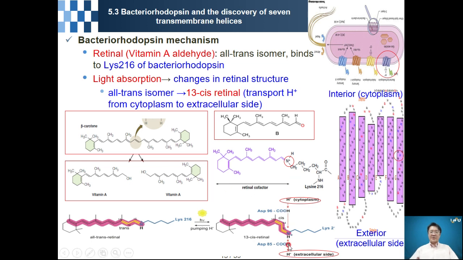The important thing is that after they receive the light, they can transport protons from the cytoplasm to the extracellular site by using the 13-cis retinal.